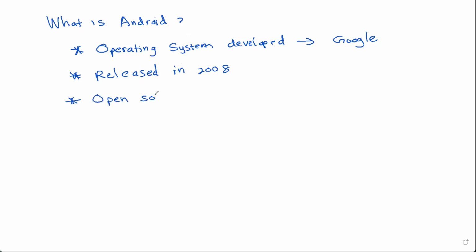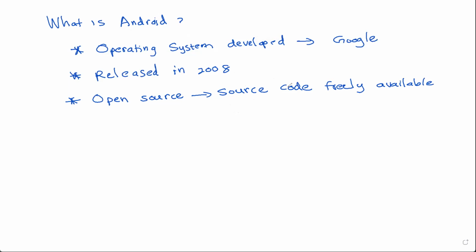It is an open source operating system. That means the operating system source code is freely available, and anybody who wants to develop their own operating system for a mobile device can do that by adjusting the Android source code.